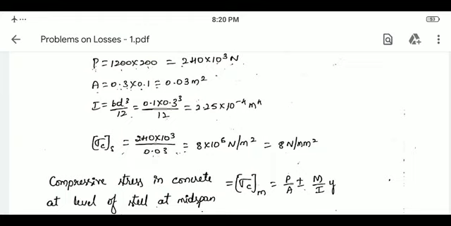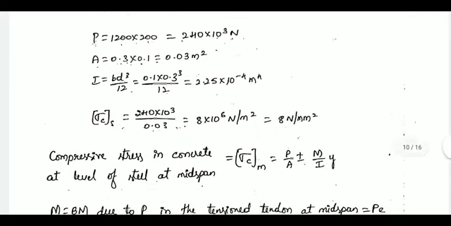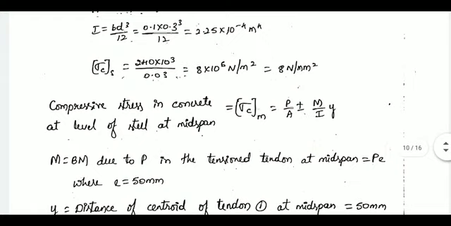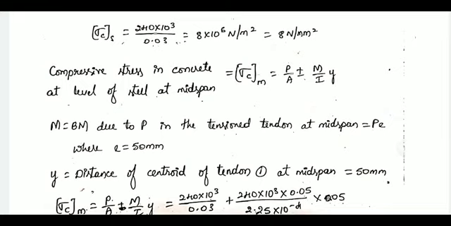We have stress in concrete at support as 8 N/mm squared. Okay, then compressive stress in concrete at level of steel at mid span. So here we have eccentricity of 50 mm for both second tendon as well as first tendon. So here P into e, e is the eccentricity of the second tendon, it is 50 mm, and 50 mm for the first tendon, that is y value from centroidal axis, we have first tendon at 50 mm distance.